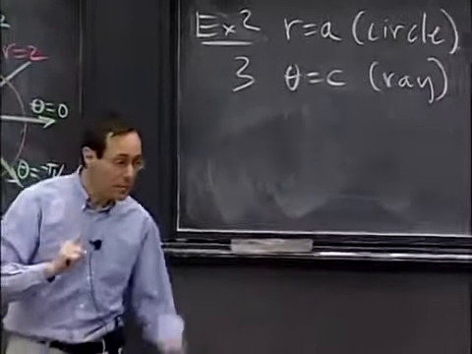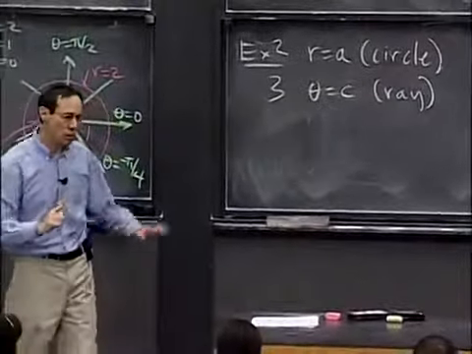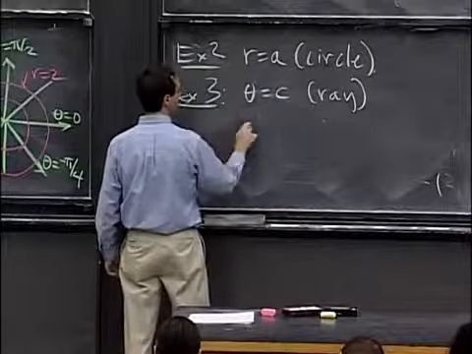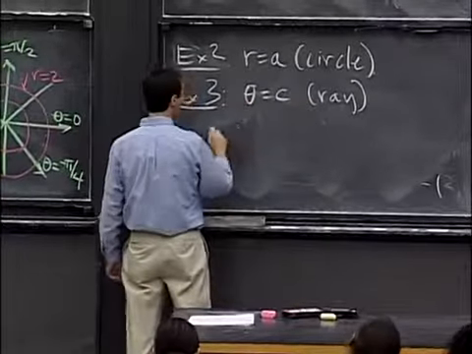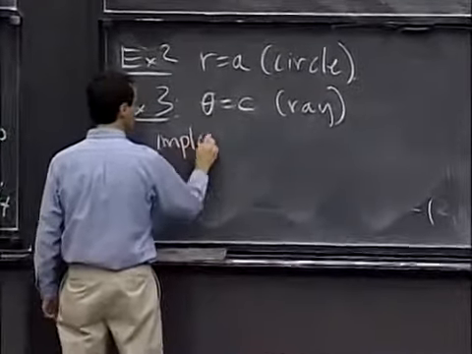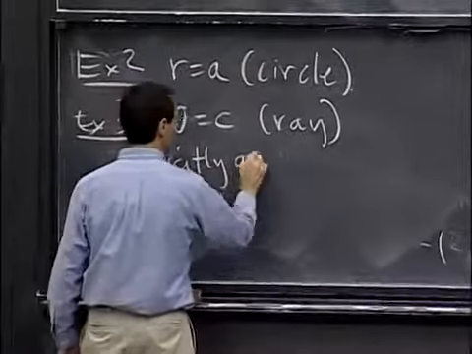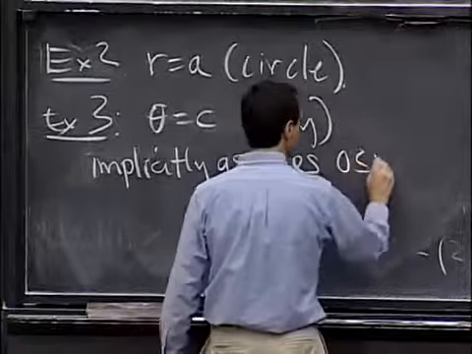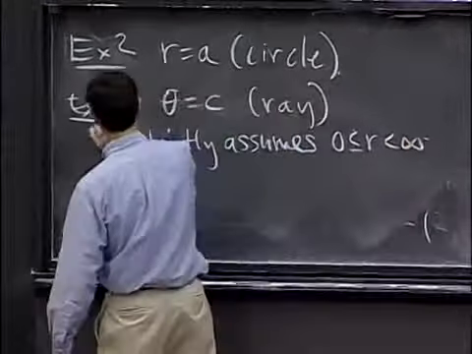However, this involves an implicit assumption, which I want to point out to you. So this is example 3. Theta is equal to a constant is a ray. But this implicitly assumes zero is less than or equal to r is less than infinity.